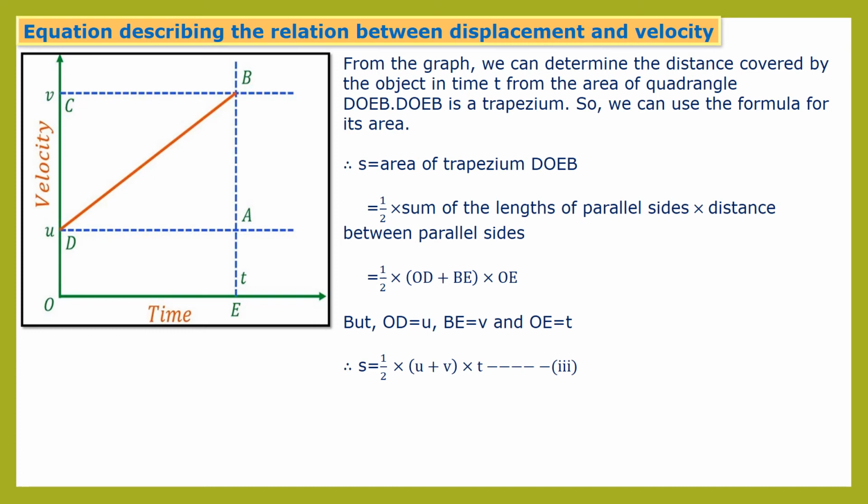From the graph we can determine, children, the distance covered in time t from the area of the quadrangle DOEB. But this DOEB is a trapezium. A trapezium is a geometrical shape which has at least one pair of parallel lines. So we can use the formula for its area. Therefore distance S is equal to the area of trapezium DOEB. We can write the formula: half into the sum of the lengths of parallel sides into the distance between parallel sides.